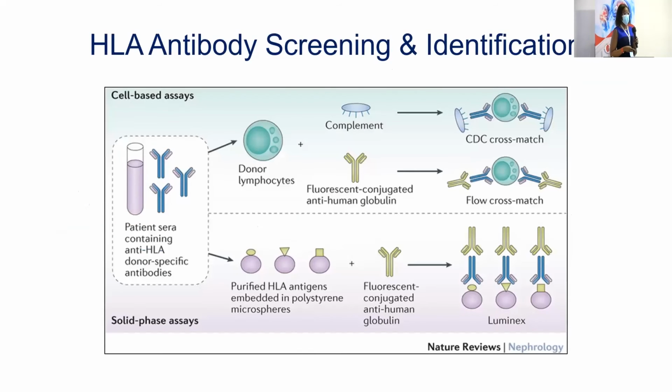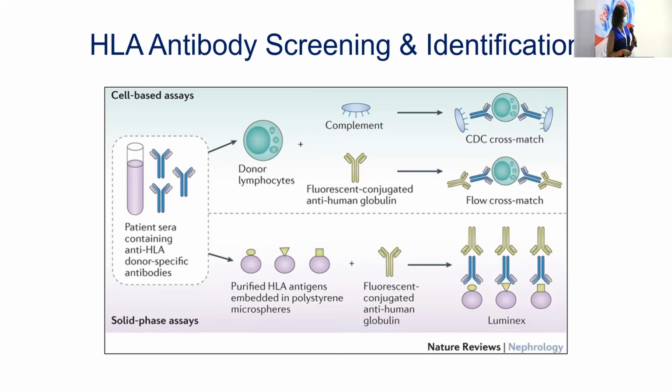Okay, when it comes to the antibody screening and identification, there are various assays that are available. Some are cell-based, meaning we use the donor lymphocytes and test the recipient serum for antibodies against the HLA on the donor lymphocytes. And 2 panels are usually tested, one on B cells and one on T cells.